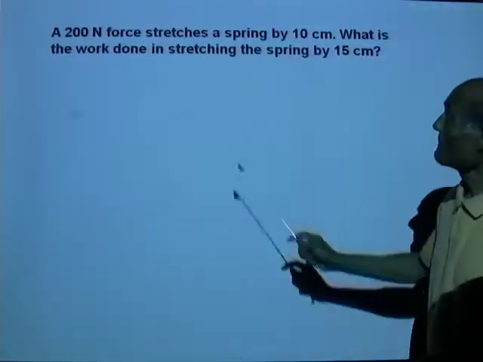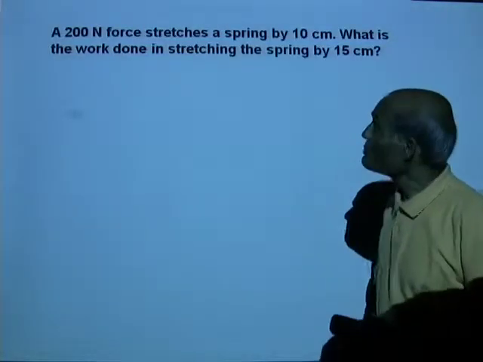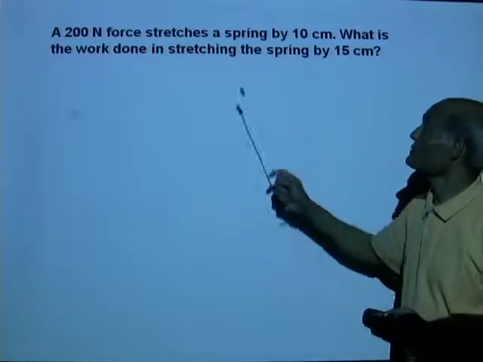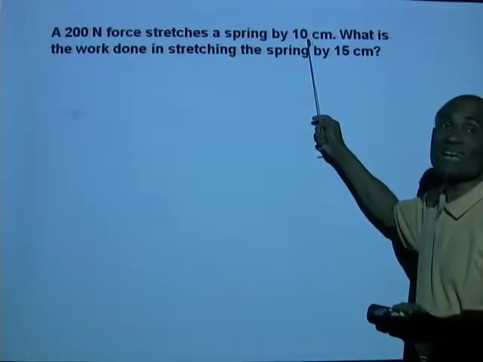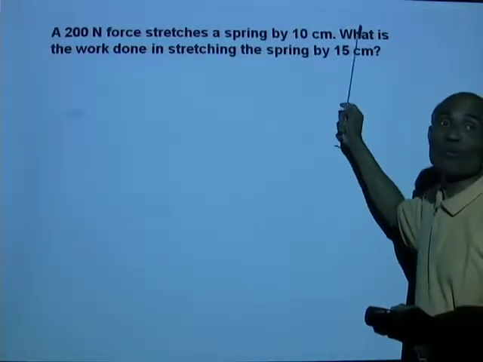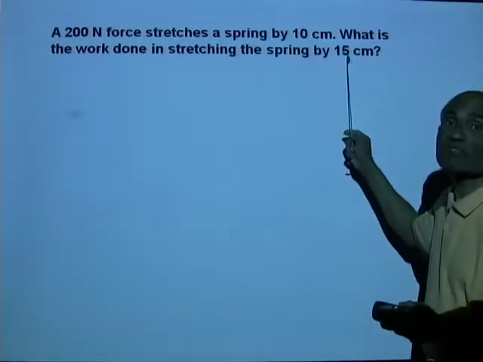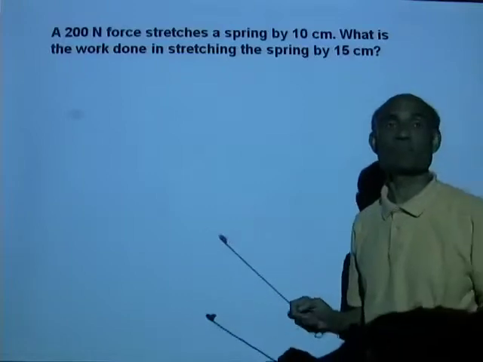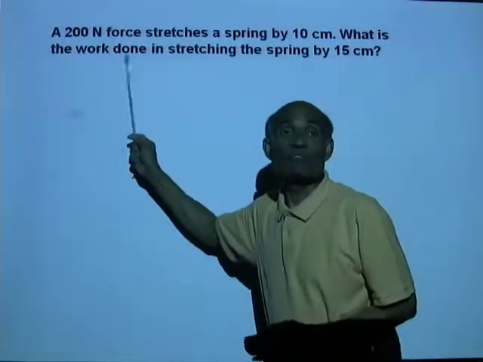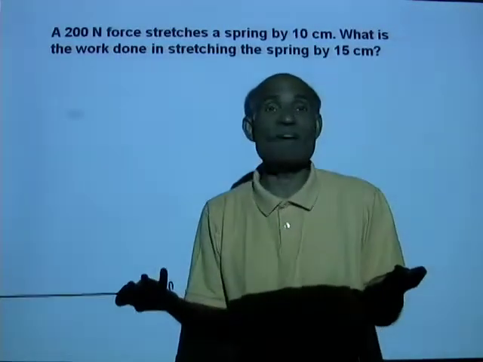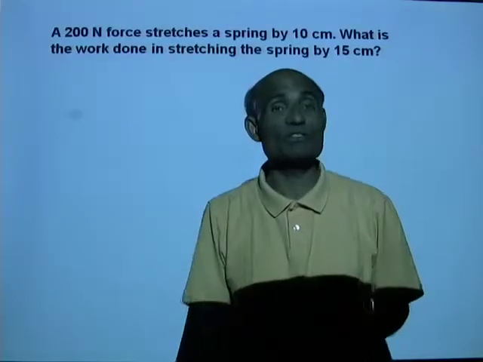Alright, another one. A 200 Newton force stretches a spring by 10 centimeter. What is the work done in stretching the spring by 15 centimeter? Well, in this case, we are not given the value of k, the spring constant.